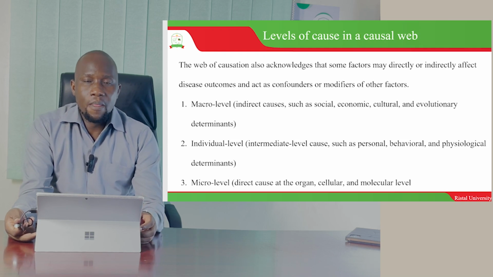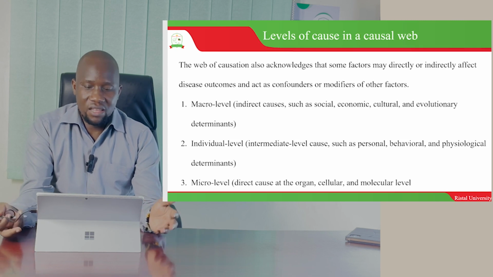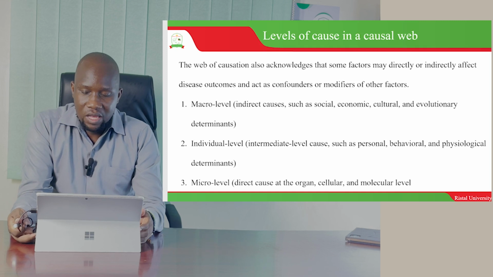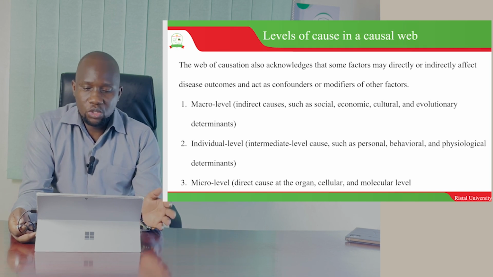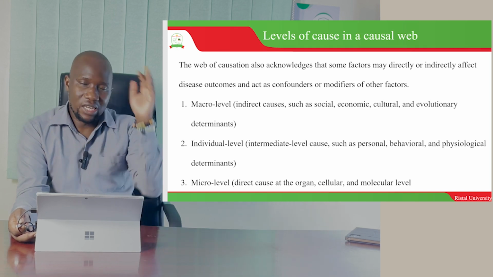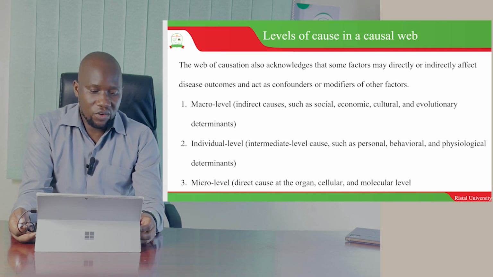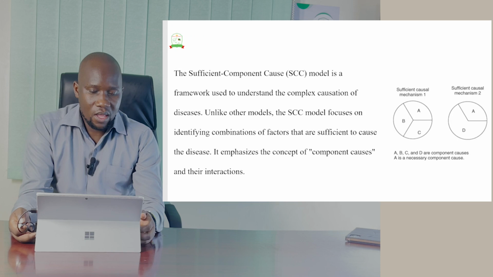And then at the macro level, the bigger level, this is where we talk about socio-economic, cultural, and evolutionary determinants. Okay, so political, socio-economic, these are now at a larger scale. This is where we now talk about national policies, issues to do with health systems, issues to do with health funding and things like that.